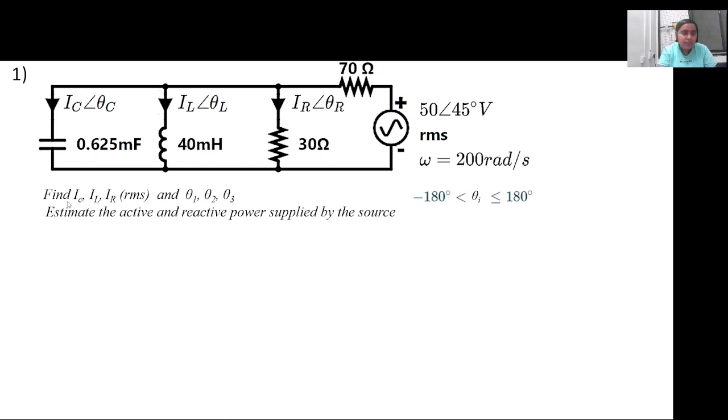What you have to do is calculate the various branch currents, IC, IL and IR. You have to calculate the branch currents and the phase angles. Also at the end you have to estimate the active and reactive power that is supplied by the voltage source that is given here.